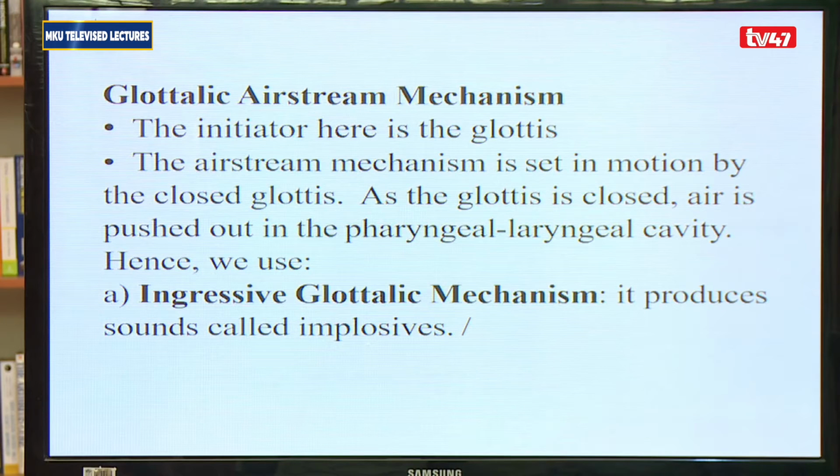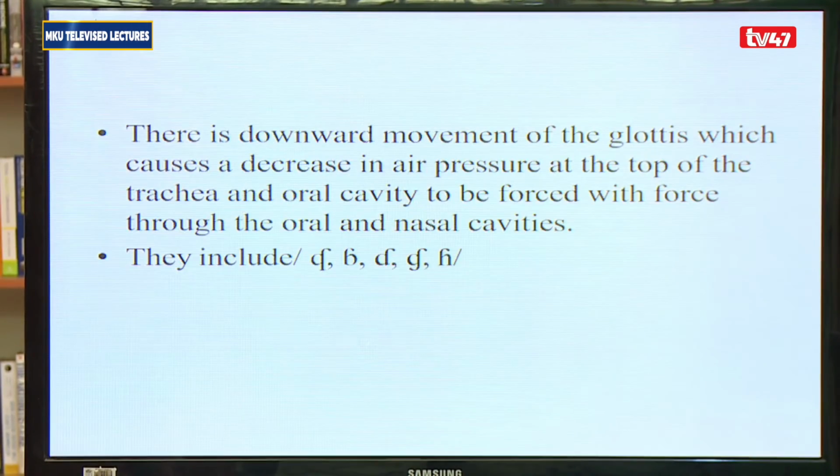In the ingressive glottalic mechanism, the sounds produced here are known as implosives. So here in the ingressive, we have a downward movement of the glottis. This causes a decrease in air pressure at the top of the trachea and oral cavity, which is forced out through the oral or the nasal cavity.